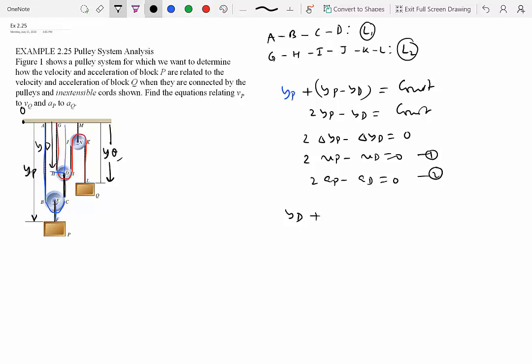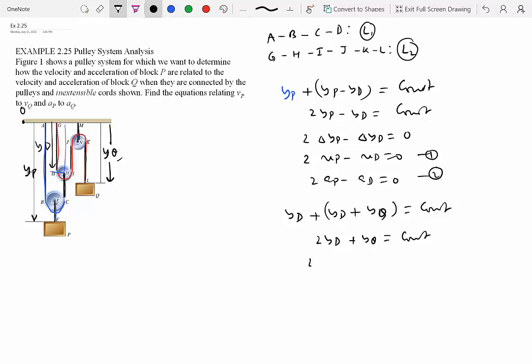So we have again YD minus MN, so this is not important. So this is JI, plus we have KL. KL is nothing but YQ minus MN, which is a constant, and that is another constant. So we get basically 2YD plus YQ equal to constant.